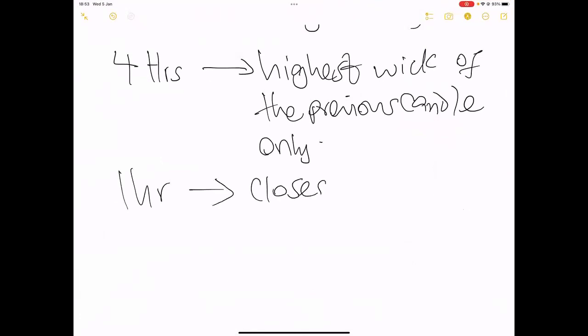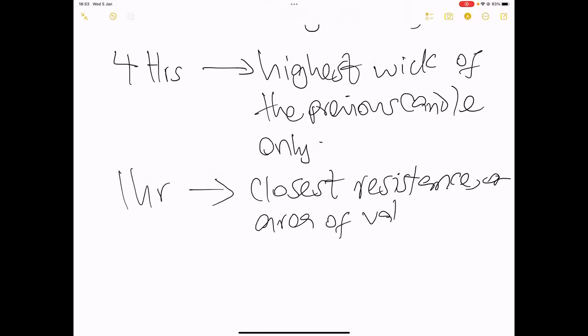Closest resistance or other area of value.